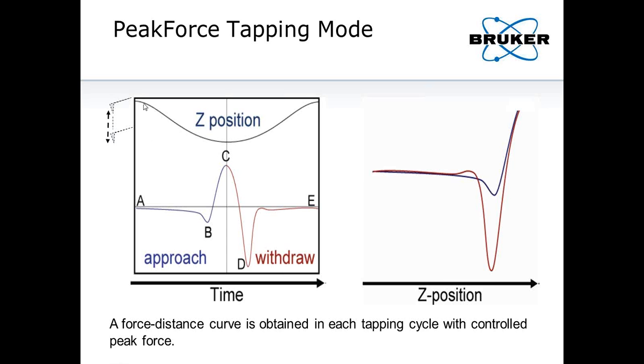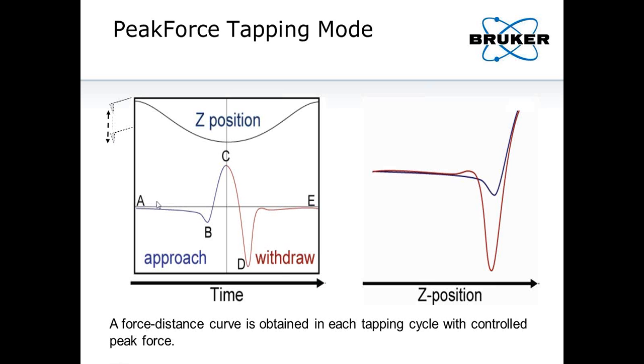So the way it works is, let's say you oscillate the Z position of the tip, and at the same time, you monitor the deflection, which is the force the tip experiences. So for example, when the tip is far above the surface, let's say at point A, you don't feel any force.